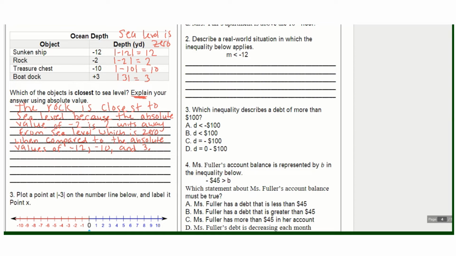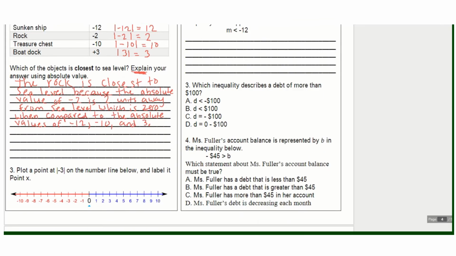All right, so the rock is closest to sea level because the absolute value of -2 is 2 units away from sea level, which is 0, when compared to the absolute value of -12, which is 12 units away from sea level, -10, which is 10 units away from sea level, and 3, the boat dock, which is 3 units away from 0. So that's the one that's closest.